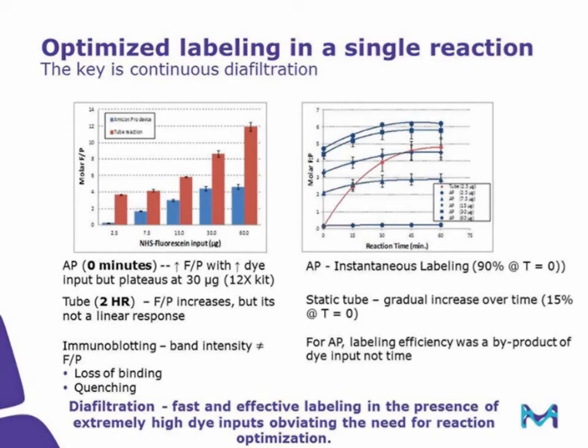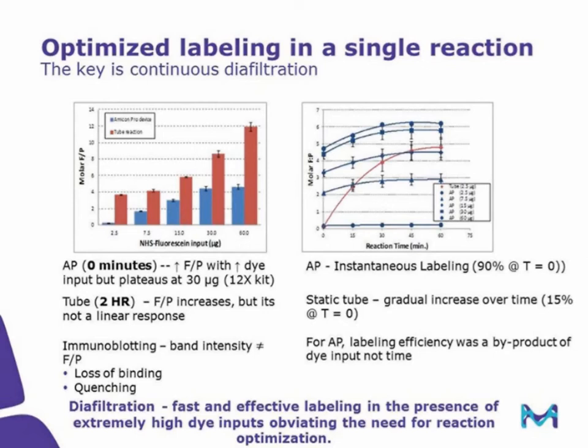Reactions were stopped at the indicated time points by buffer exchange, and an aliquot of the labeled antibody was measured to determine the FP ratio. By contrast to the Amicon Pro, the standard tube reaction resulted in only a small increase, roughly 15%, in the probe's FP when it's assayed immediately following mixing.